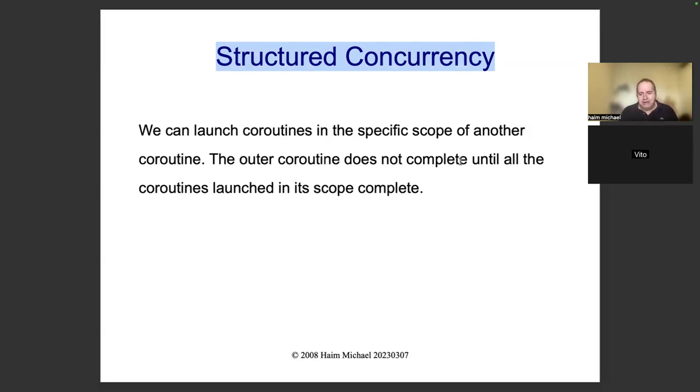Or in other words, let's connect to those servers and databases using coroutines. So we can have multiple coroutines and we can place them within the scope of another coroutine. And the promise we get is that the big coroutine that includes in its scope multiple other coroutines will end only when all the small coroutines it includes end.